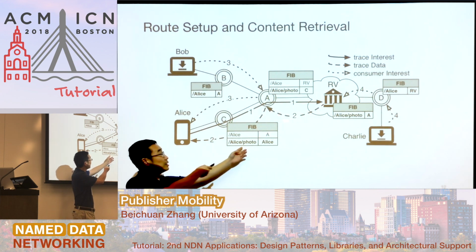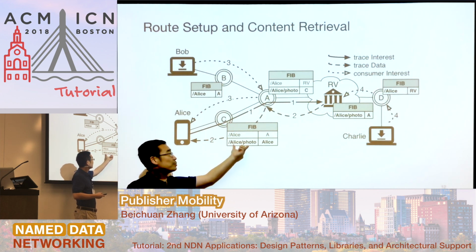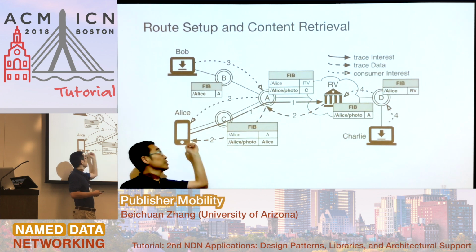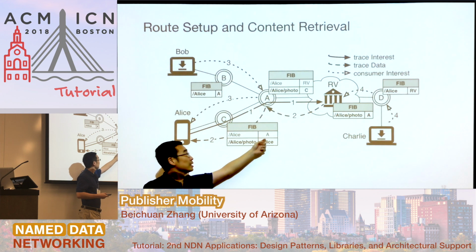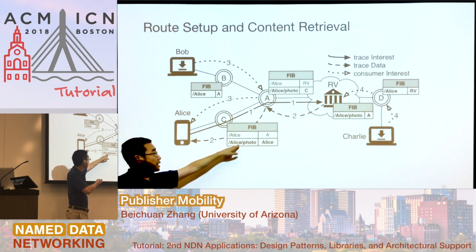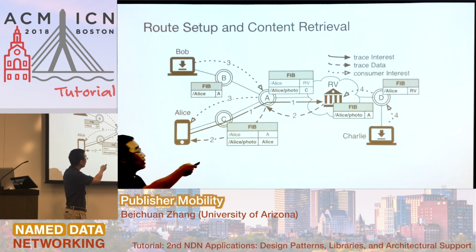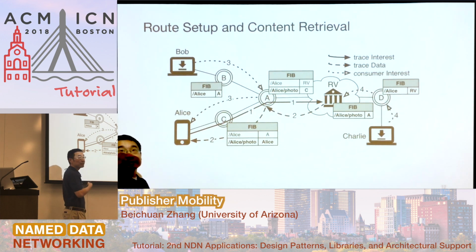But when they see this trace data, they will add a more specific prefix to Alice's phone with the next hop. So to reach Alice's photo, the next hop would be from the rendezvous point to A, and from A to C, and come here.